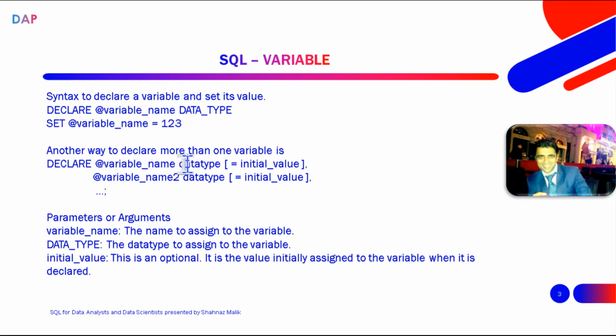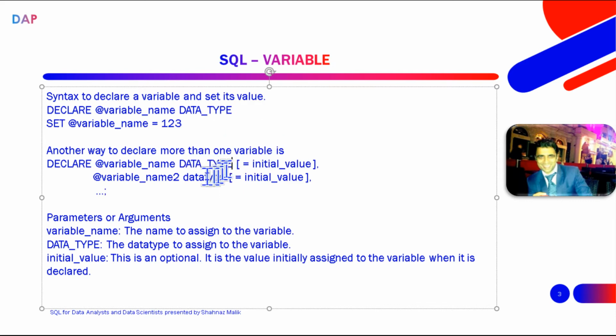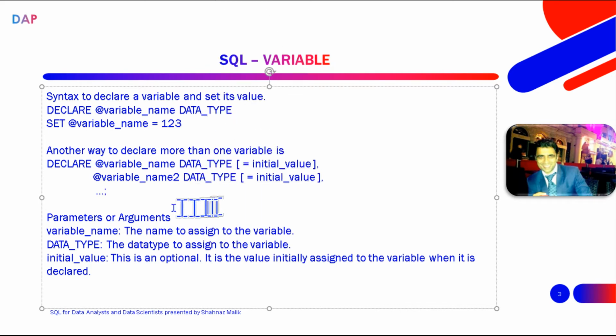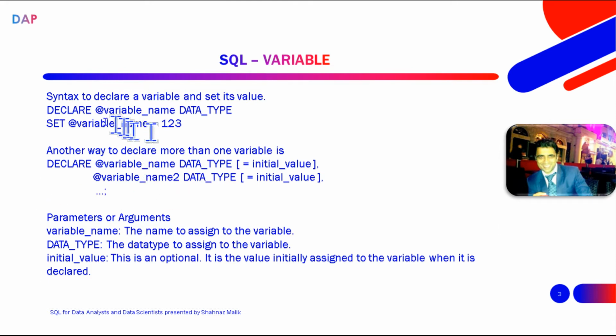Now, another way to declare more than one variable is, for example, you do the same thing as I have shown above. Now you can see that I've done the same thing here, and you can see this initial value; I will discuss this below.